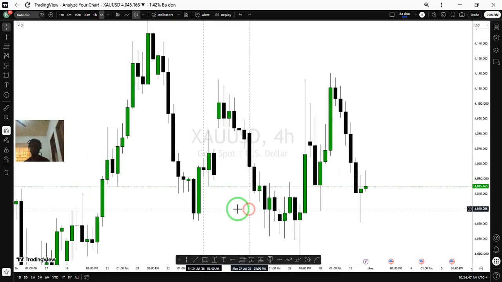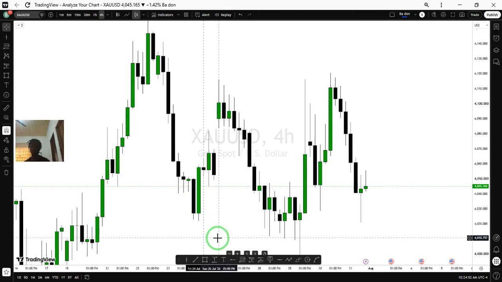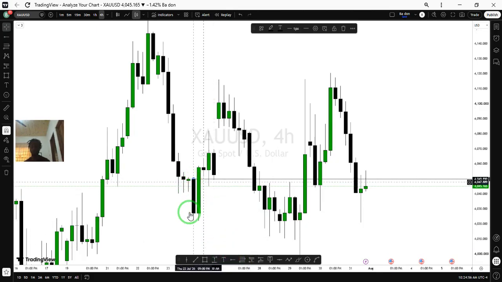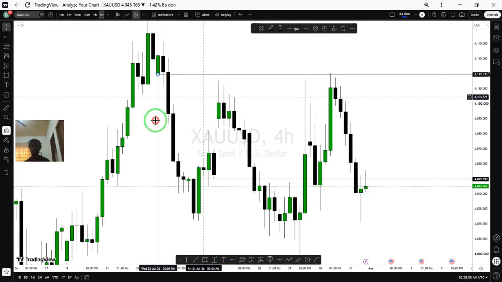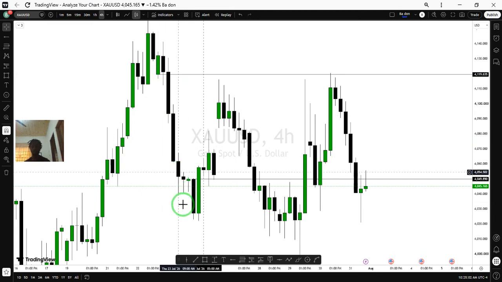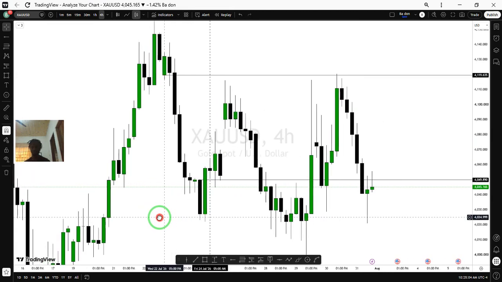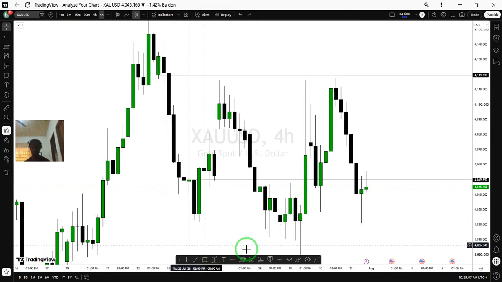We mark the valid order blocks, which is this one right here and this one right here. These are the two available order blocks currently. We trade the first order block that gets triggered.